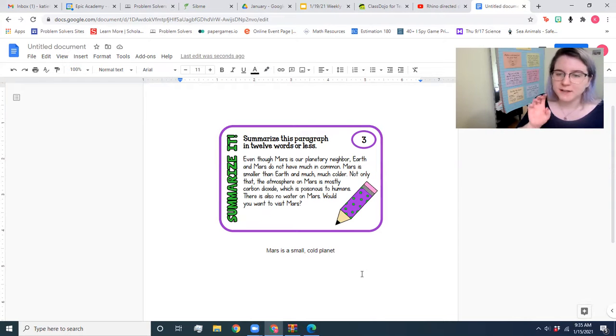So let's say Mars is a small, cold planet with poisonous air. 1, 2, 3, 4, 5, 6, 7, 8, 9 words. And again, I just extracted the main idea of the paragraph, not all the details, but the main idea.